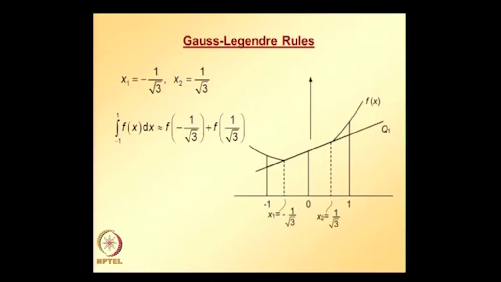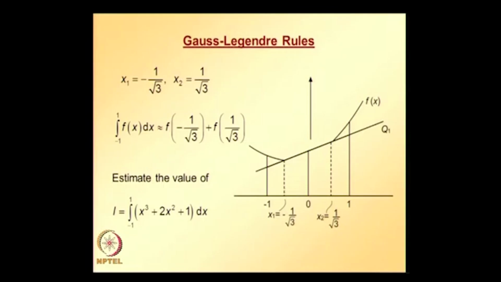The original function f(x) is replaced with a linear function q1, and the function is evaluated at 2 points x1 and x2.